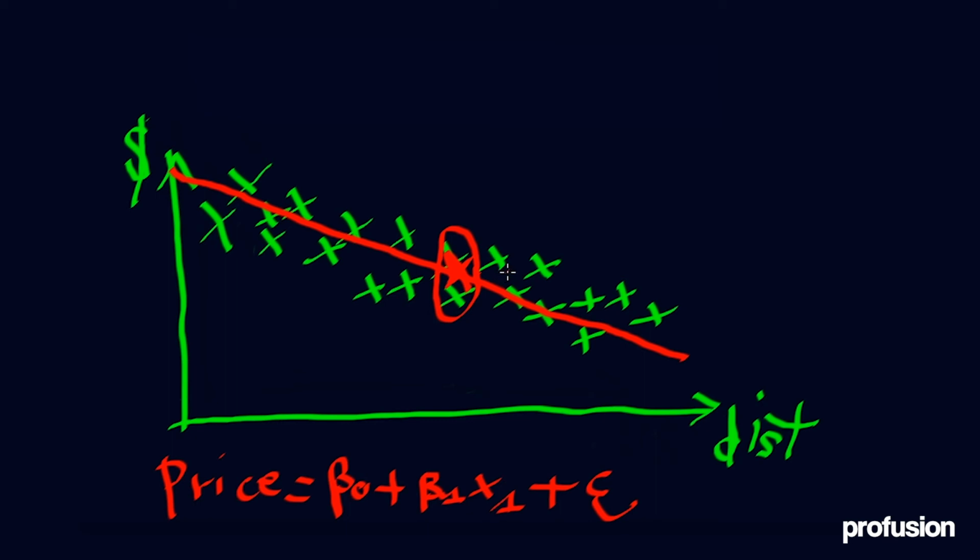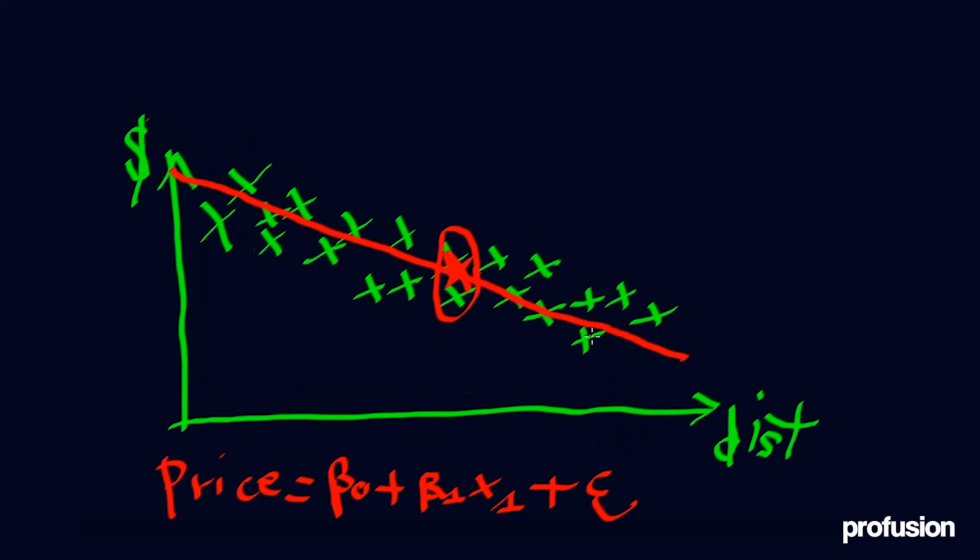And what this is saying is, okay, for the most part, price follows this relationship with regards to distance. So it mostly falls on this beautiful red line, but it doesn't perfectly fit the red line, right?